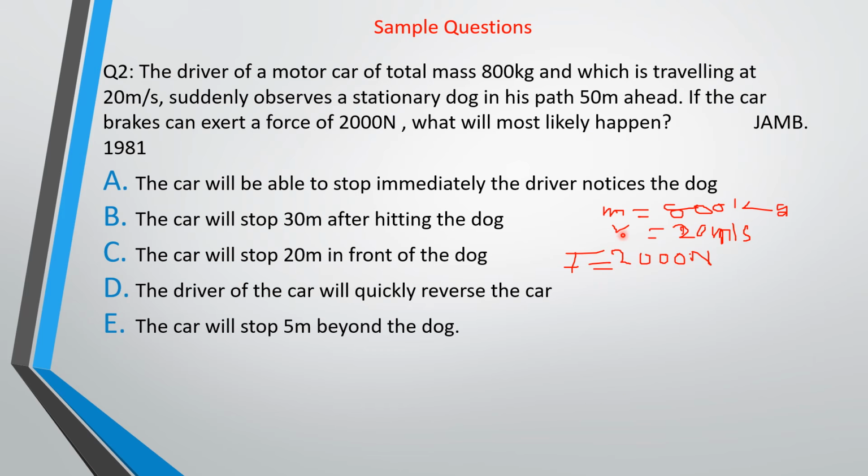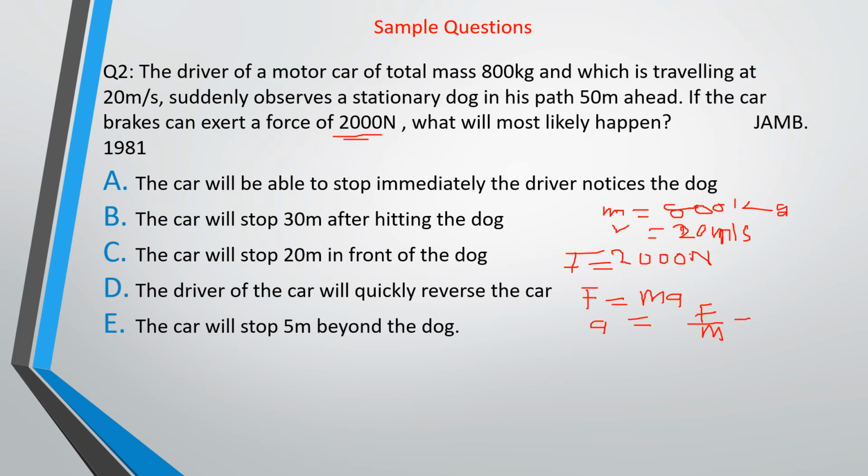Now from these variables, since the car is moving and then applies this braking force, we can find the acceleration or the retardation of the car, because the car will be coming to rest. So we can find the acceleration from force. First of all, force equals ma, and a is equal to F over m.